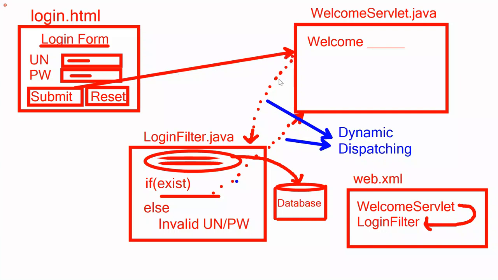That control is diverted to the login filter through the XML file. If the username and password exist in the database, control again comes to the welcome servlet. This is the HTML servlet, already completed.